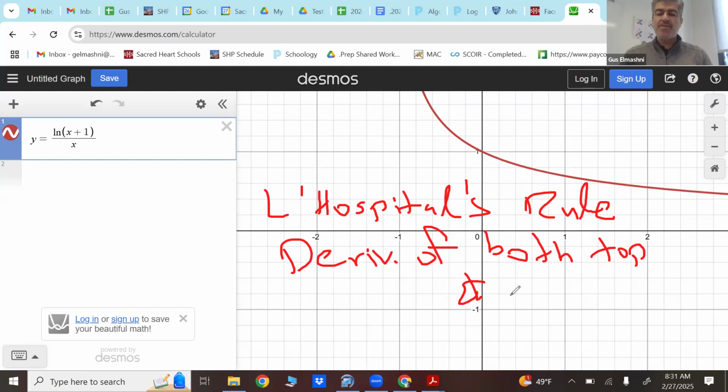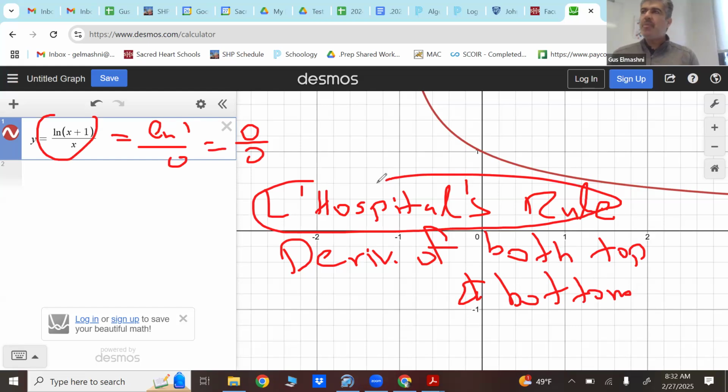But in case you guys are curious, whenever you get 0 over 0 when you plug in whatever the limit's approaching, so x is approaching 0, obviously, so you have natural log of 1 over 0, which is 0 over 0. Whenever this happens, you have an opportunity to do this rule, which involves a derivative. But again, I have not taught you guys derivatives because I have to make sure you fully understand limits before we get there, because derivatives are based upon limits.